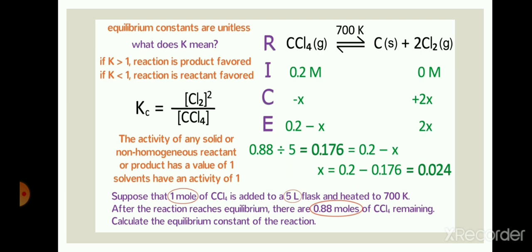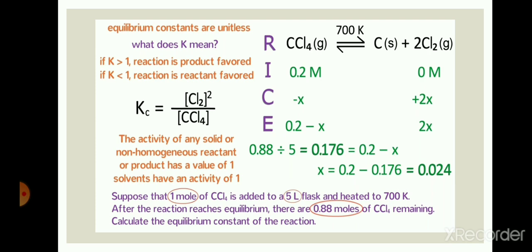Now, how do we figure out x? Looking back at the problem, it says that there are 0.88 moles of CCl4 at equilibrium, so we can calculate the equilibrium concentration of carbon tetrachloride, which is 0.88 moles divided by 5 liters, or 0.176 molar. The equilibrium molarity of CCl4 is also equal to 0.2 minus x.